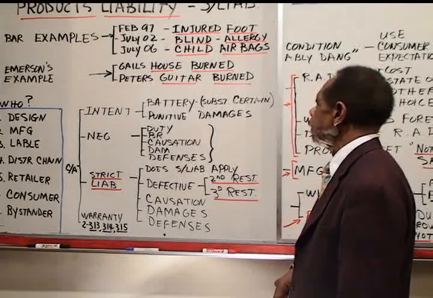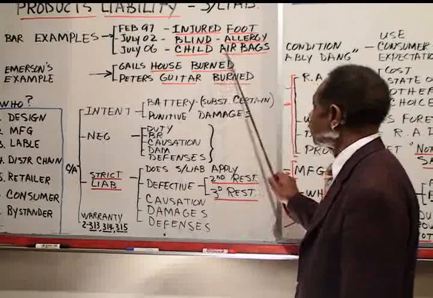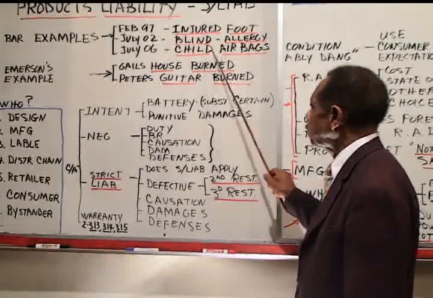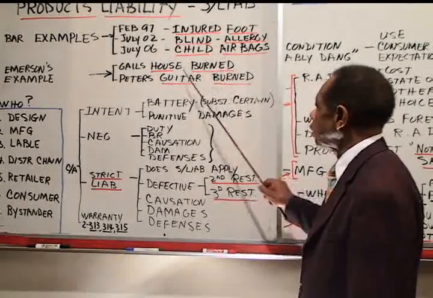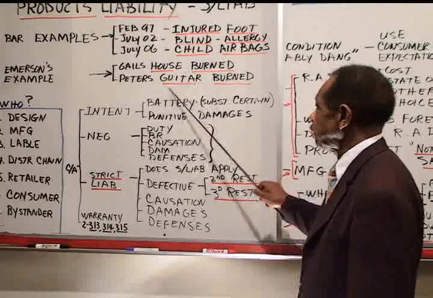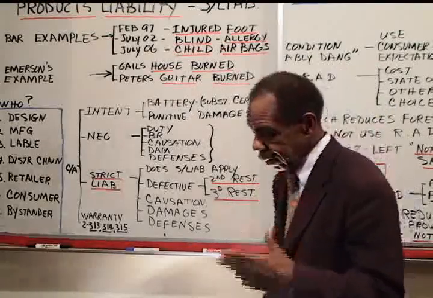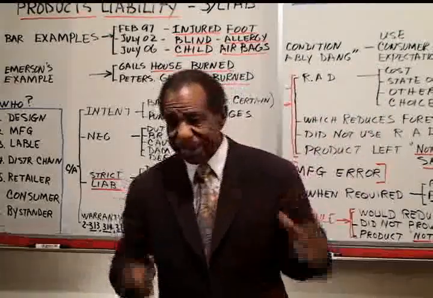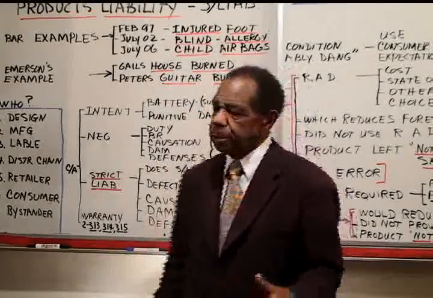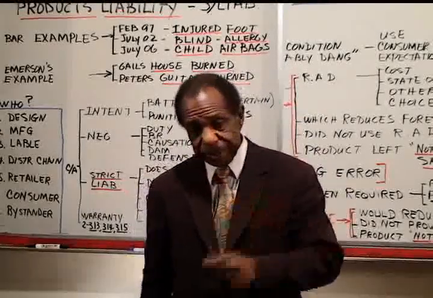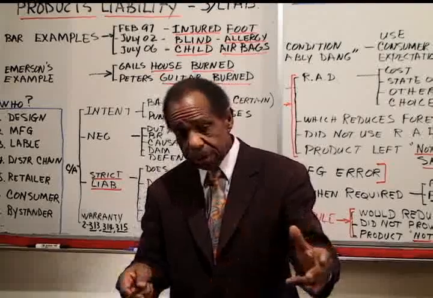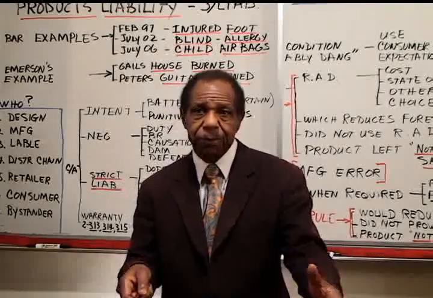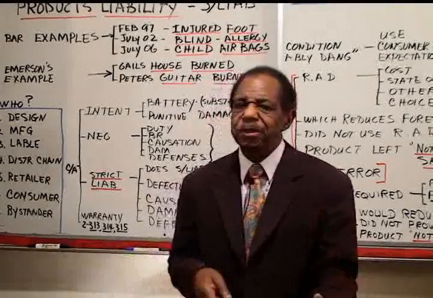Now, finally, please notice that the child didn't buy the car, any more than Gail bought the car; Peter bought the car. So once again, you've got the designers, whoever is designing this car or whatever it is they're designing. They have to look ahead and ask, who are the people that might be injured by what I'm doing?